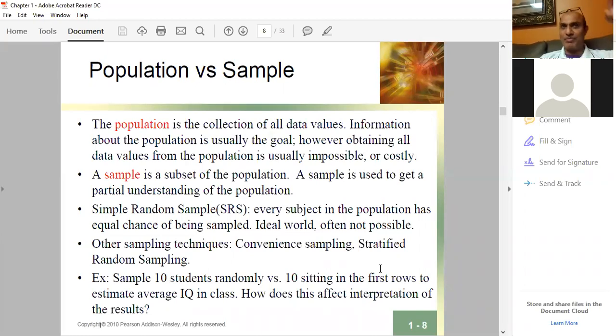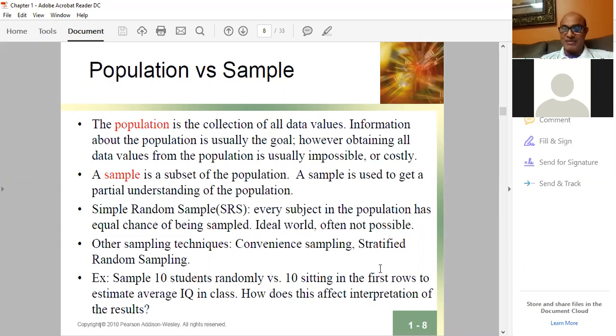But we chose just a few of them because of our convenience. So usually that method is not that appropriate. Other methods are convenience samples, stratified samples, and so on. I will explain the sampling methods in detail in the next class.